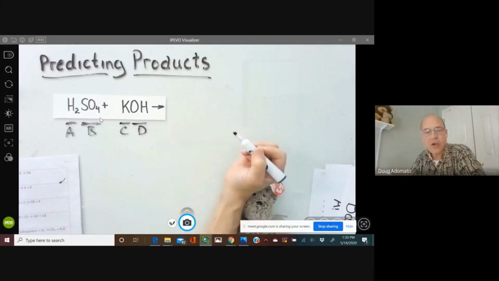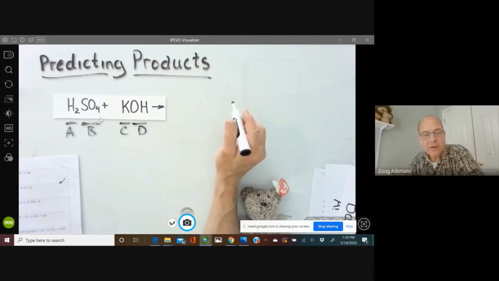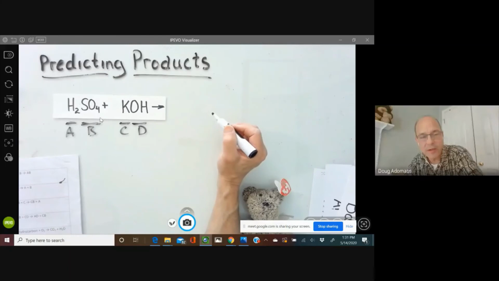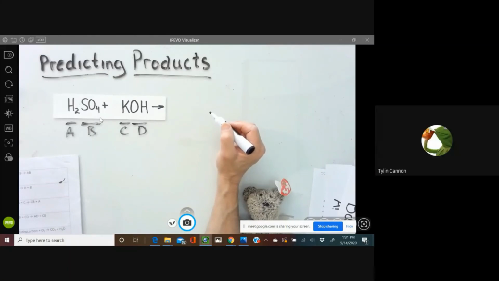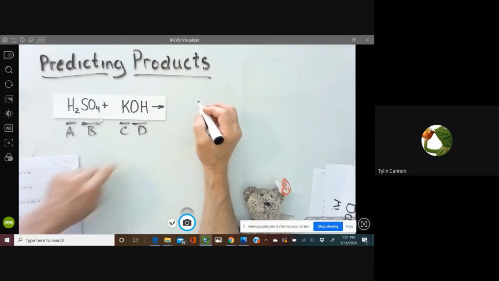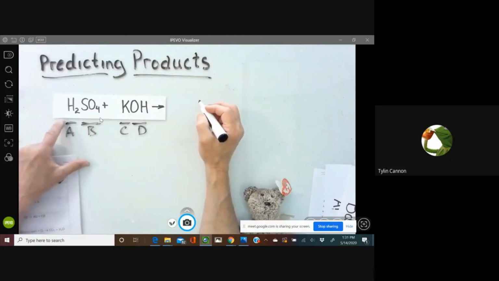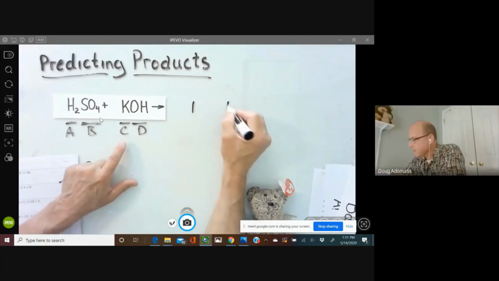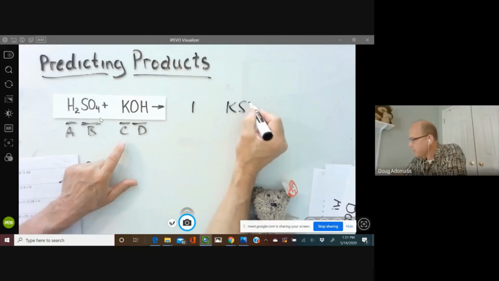Okay, so now somebody out there, ring the bell, rock the clown. Tell me, what are the products of this chemical reaction going to be? H2 and KOSO4. Okay, KSO4.